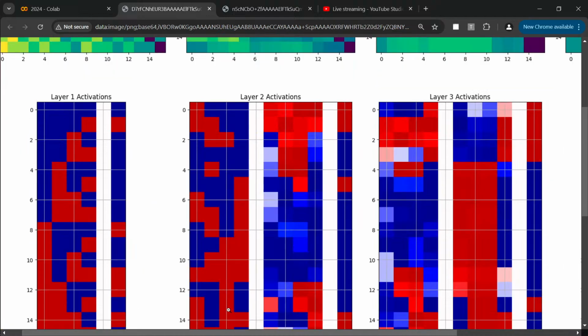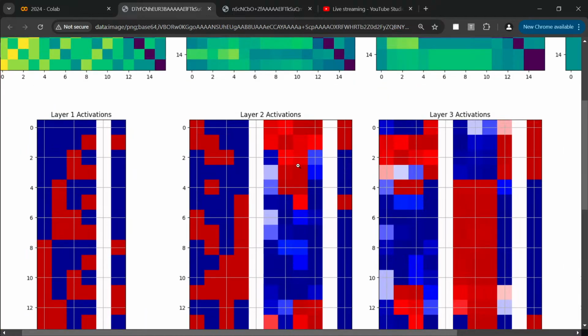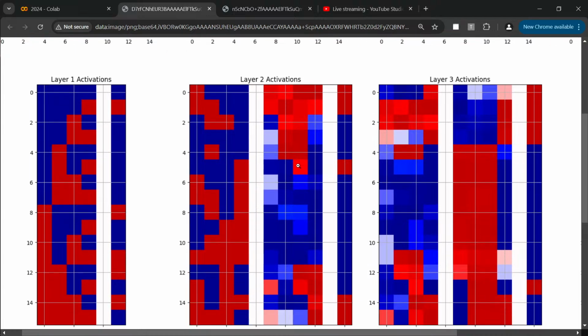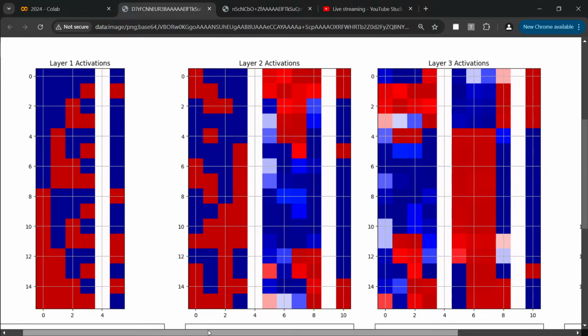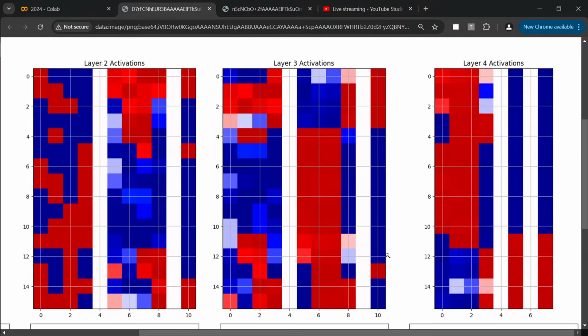So the exact sorting isn't all that significant, but it's close. This is the inputs to the layer, this is the outputs of the layer, and this is the target function, sorted according to the output clustering. Okay, great. So this is the last layer.